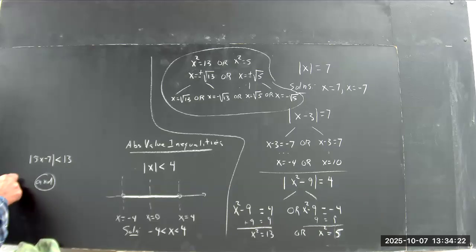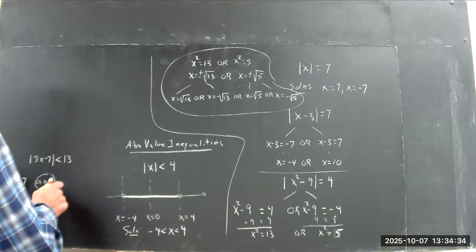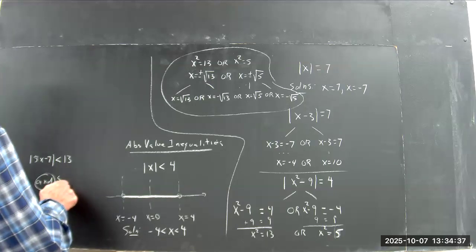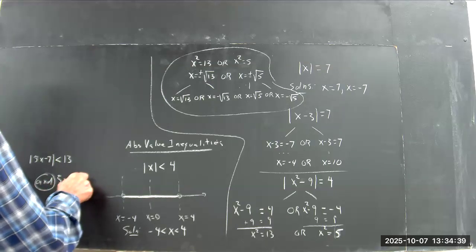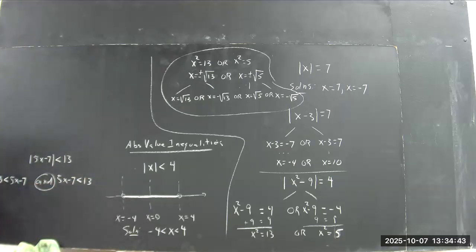Then we're going to write it like this. 5x minus 7 has to be between negative 13 and 13. So it has to be greater than negative 13, and it has to be less than 13.